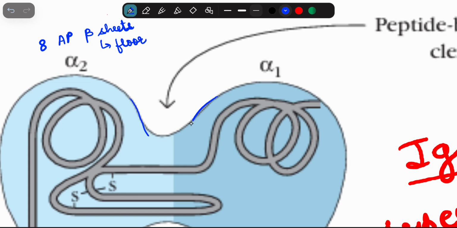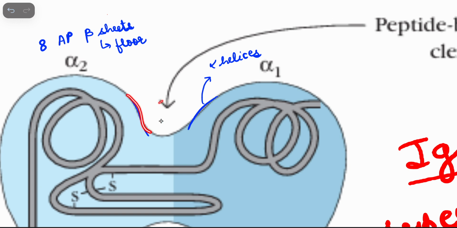The side walls, which you can clearly observe here, are made up of alpha helices. But then you can see there are two openings also, meaning from two sides the walls are there of alpha helices, and here we can see there is an opening, but no, there is no such opening. This is also actually covered.